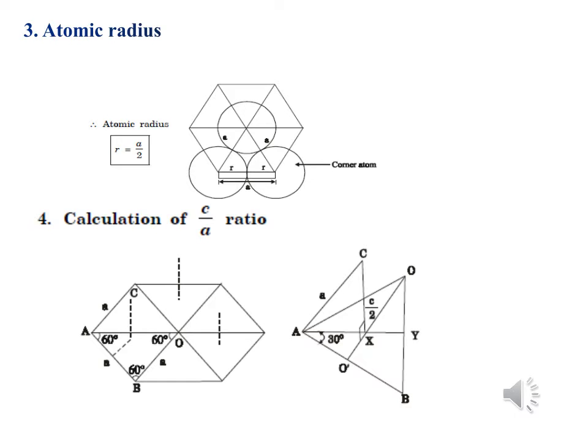Let us draw the normal line OO dash from O to the line AB, which bisects the line AB at the point O dash.